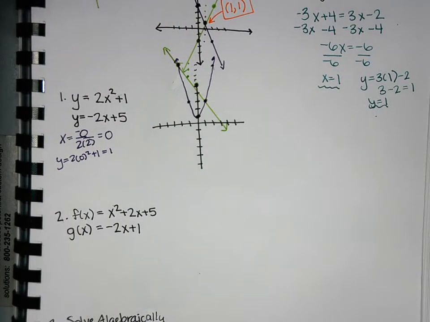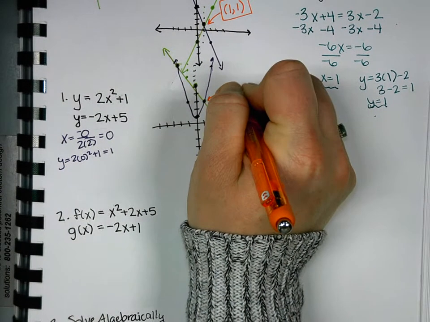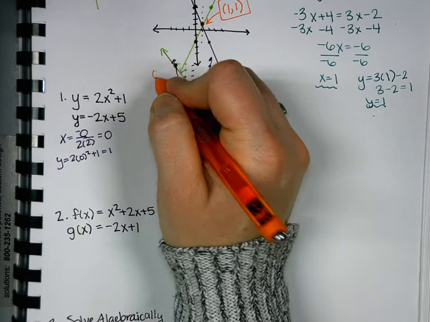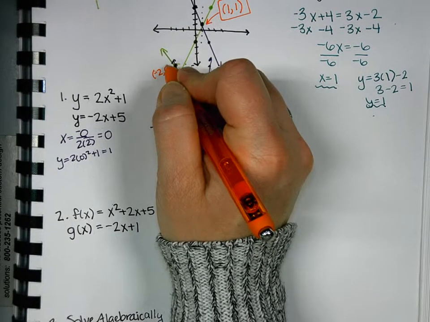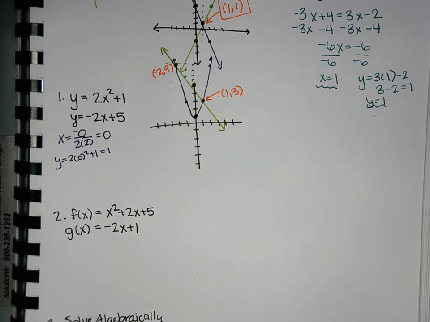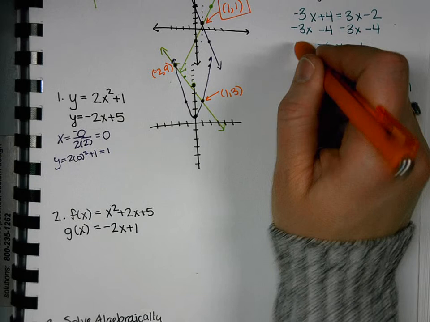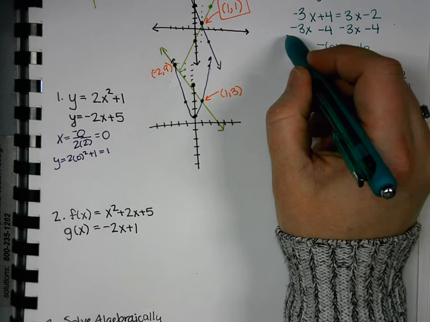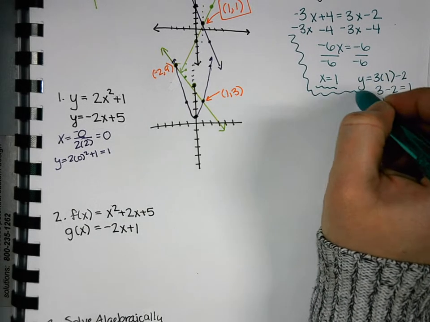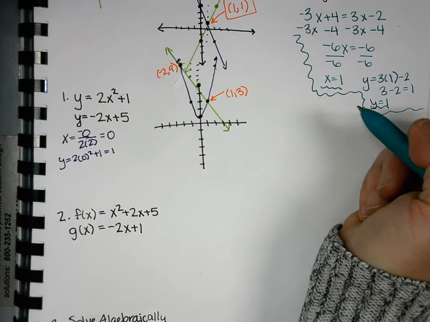So where does it cross? 1, 3. Negative 2, 9. So when we go to do this algebraically, and I realize I did not really leave myself enough room here between the first one and the second one, we're going to go about it the same way.